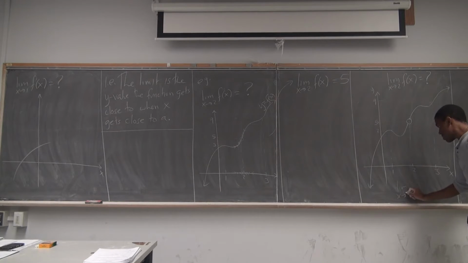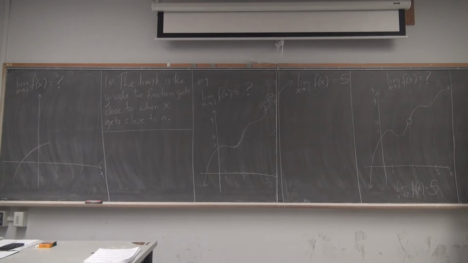The limit as x gets close to 2 of our function here is... this is way off. It's not undefined. Turns out the first answer was right. It's still 5.